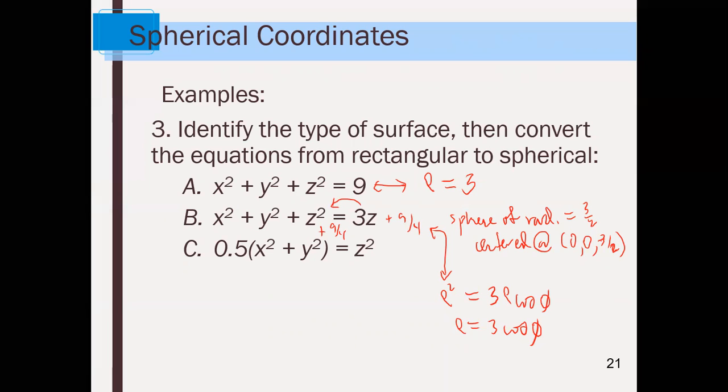Okay, what about this last guy here? What do we do? Well, we kind of know what that is. I'm telling you, it's a cone. That thing is a cone.